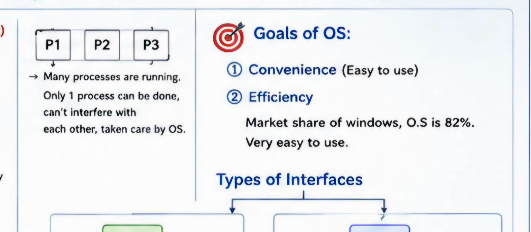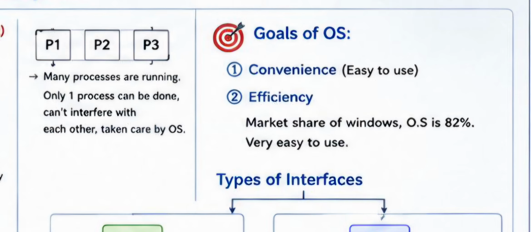Now coming to the goals of an operating system. The first is convenience, that is, easy to use, right? The second is efficiency. The market share of Windows was approximately 95% previously, and it is 82% now, because it is very easy to use.